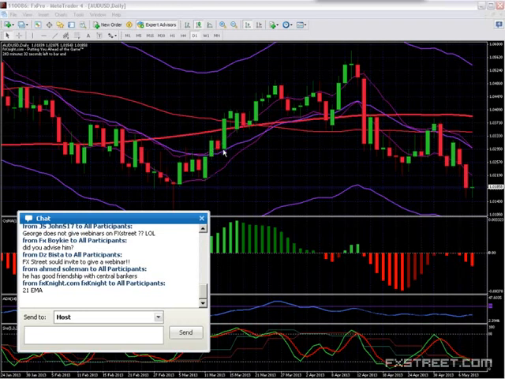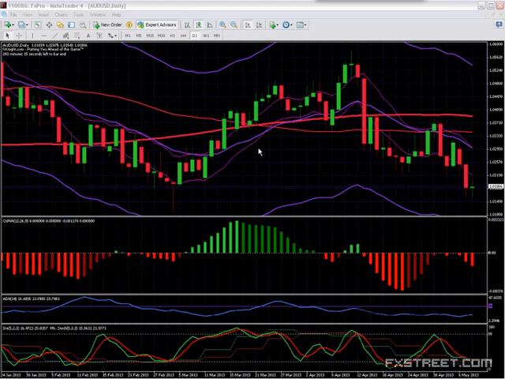You're always either pushing off of the 21 or dropping back towards it, and that can happen above it or below it. Okay, one simple line, and already it's added a lot of clarity as to what price is doing.